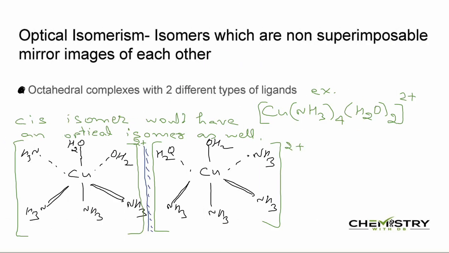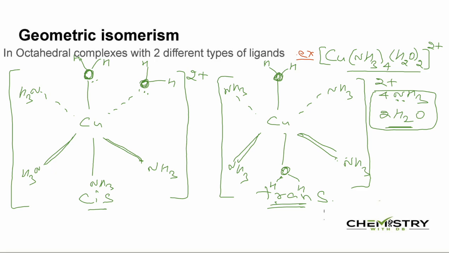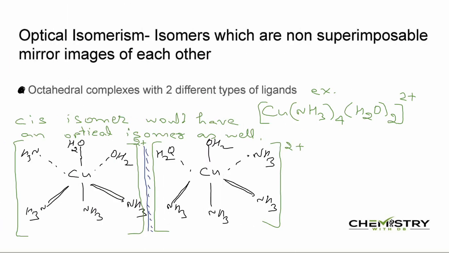Now let's come to the optical isomerism. Optical isomers are isomers which are non-superimposable mirror images of each other. In octahedral complexes also we can see optical isomerism happening when there are 2 different types of ligands. So I'm taking exactly the same example as the previous one, copper with 4 ammonia and 2 water ligands. In that case, we have already discussed that this is the cis isomer when the water ligands are next to each other.